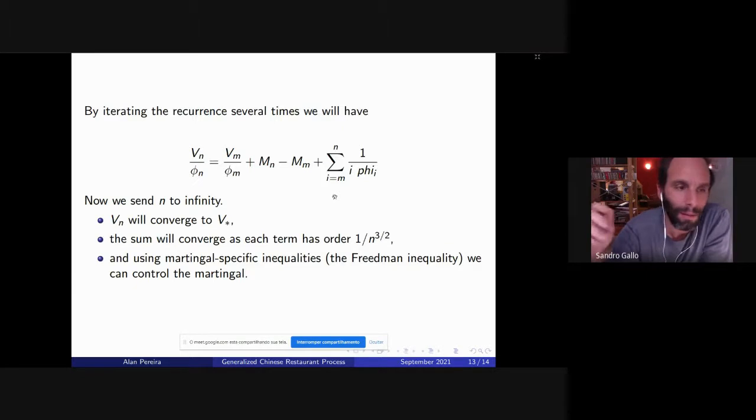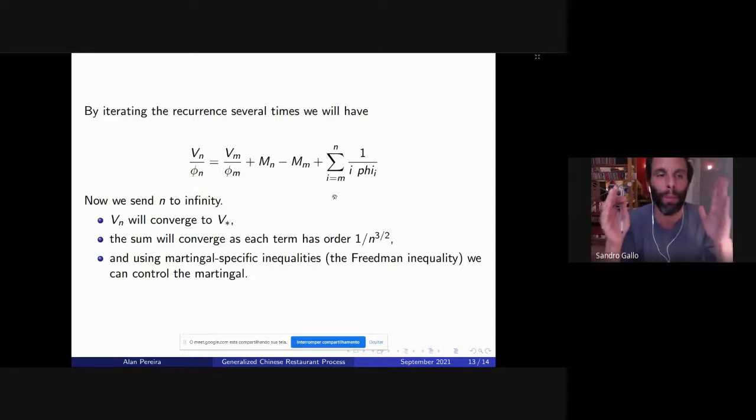Usually the concentration inequalities are given for fixed n. If you look at the sum of random variables, the classical concentration inequality would be: what is the probability that your sum up to n, rescaled by n, is close to the mean?